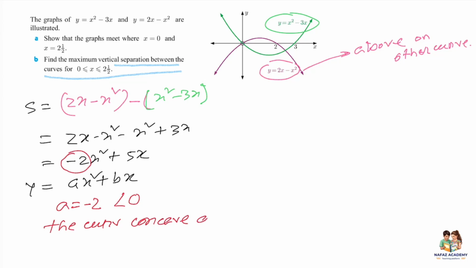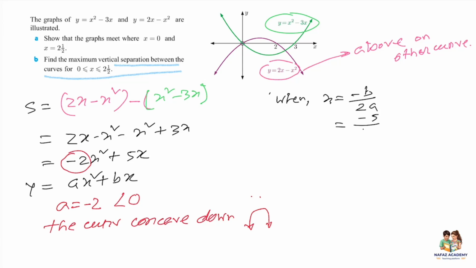Concave up means smile face, minimum point. Concave down means sad face, maximum point. Remember it like that. Concave up, smile face, minimum point. Concave down, sad face, maximum point.